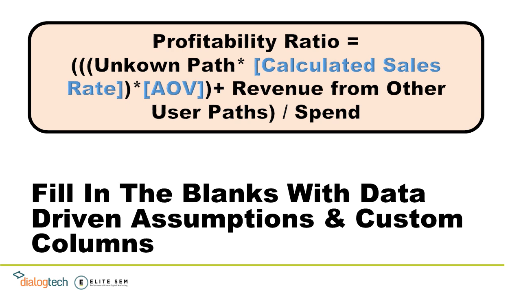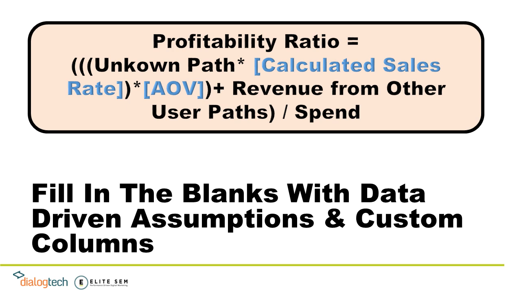So what we did in the case of this client was we took the kind of unknown paths and we worked with their business team to say, what do we know about this experience? What do we know about people that saw our ad, but then they went through a different step that we couldn't track? And what we did was we took for each of those paths, we created a conversion rate to sale that the business and Elite were comfortable with as far as an educated assumption.